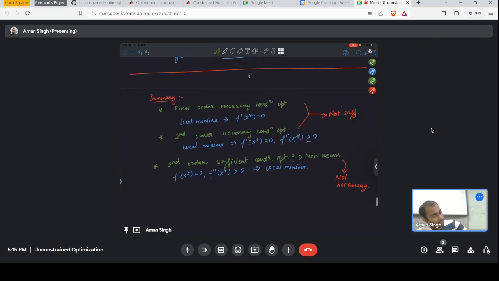Then we talked about the necessary and sufficient conditions for higher order.